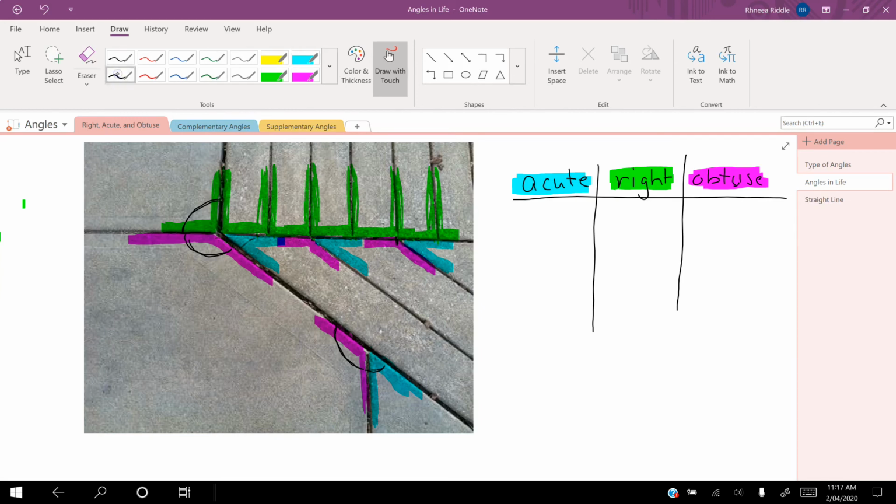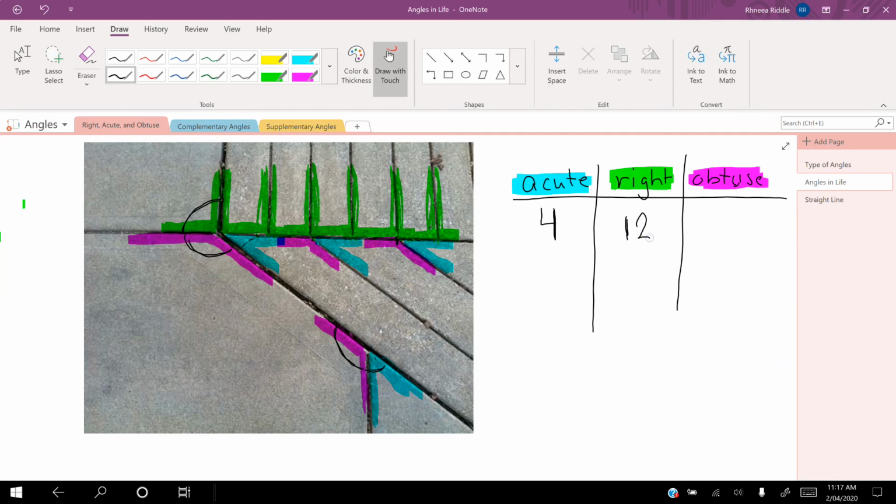We're going to go ahead and count up how many we have. So how many blue angles do we have? We have 1, 2, 3, 4. So in this image, there are 4 acute angles. So let's go to the right ones. There are many of these. If we count up all the green shaded angles, we have 1, 2, 3, 4, 5, 6, 7, 8, 9, 10, 11, 12.